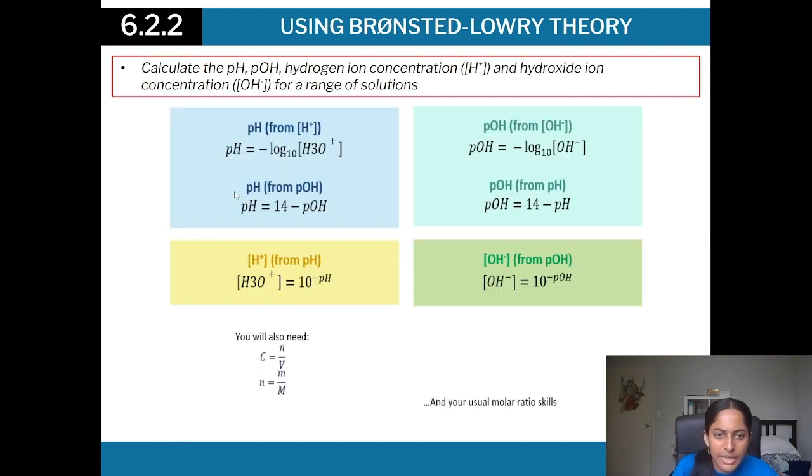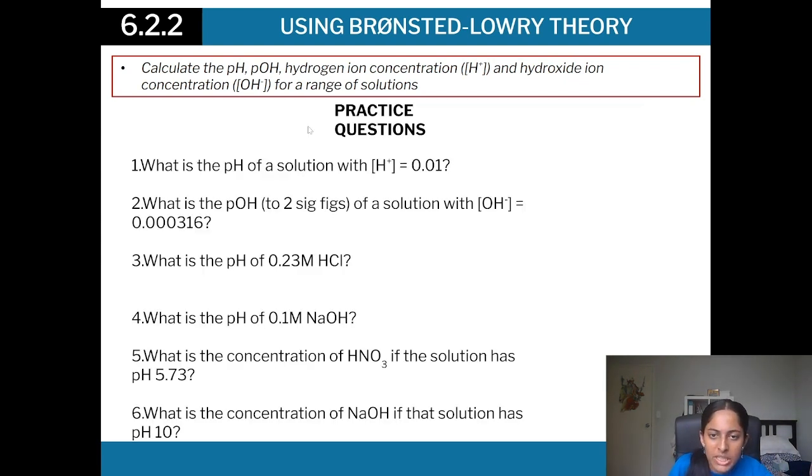So if we go back, pH is negative log 10 of H3O+ or H+, same thing. On your calculator, it should show up as log, and then you plug in whatever the concentration is. In this case, it's 0.01, so that'll be negative log 10 of 0.01, which is 2.